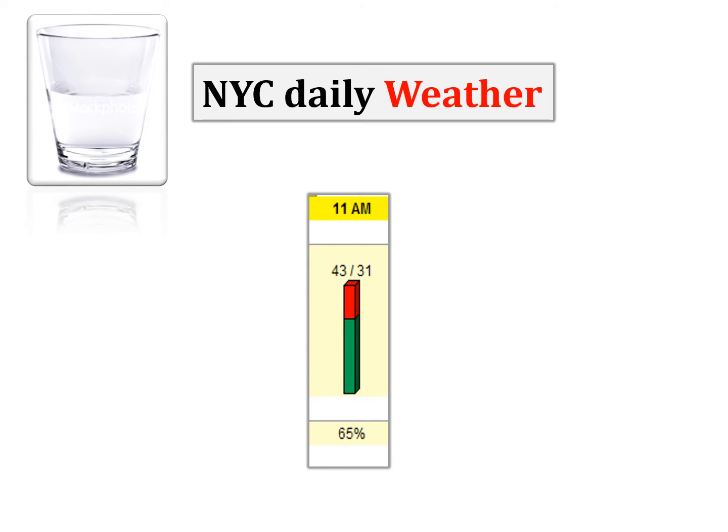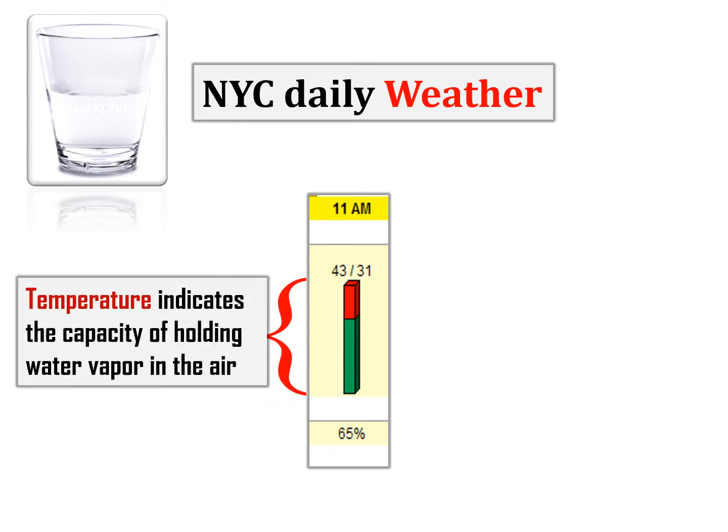Back to this chart. Temperature determines the capacity of air to hold water vapor, just like a glass. Regardless of how much water is in the glass, the glass shows how much water it can hold in total. That's the capacity.